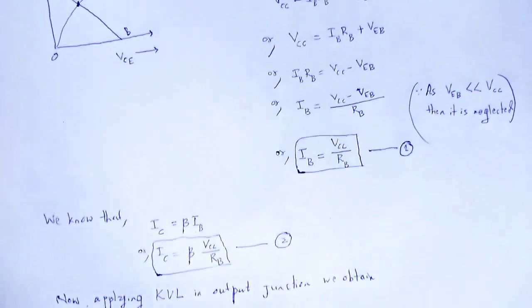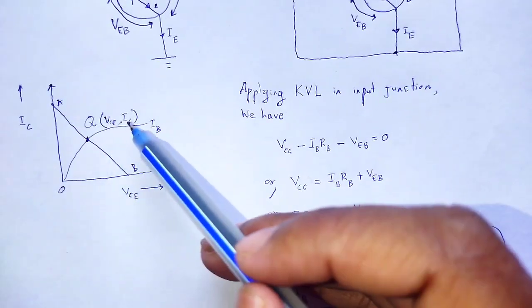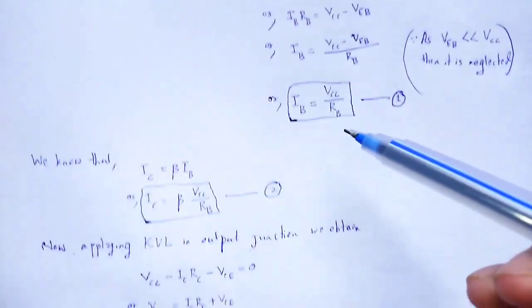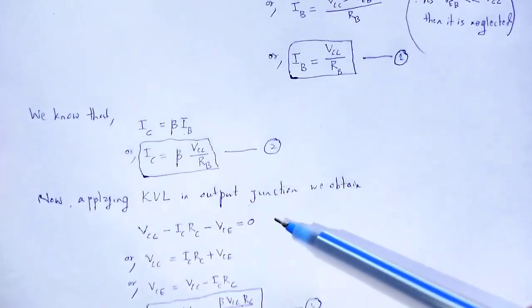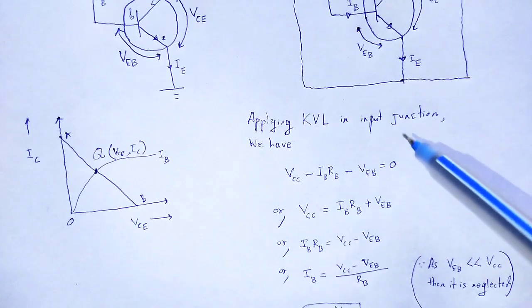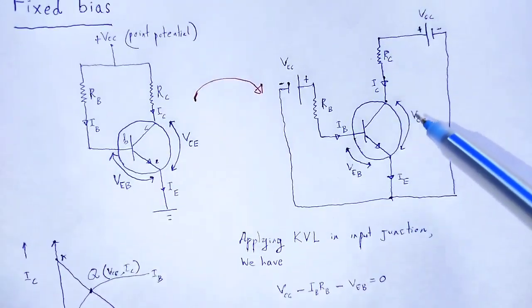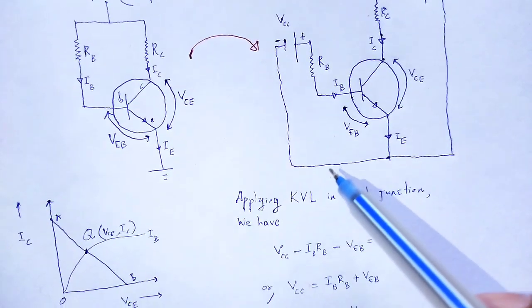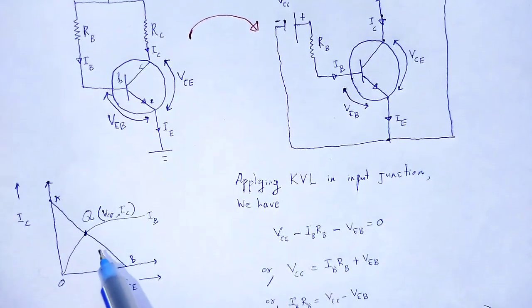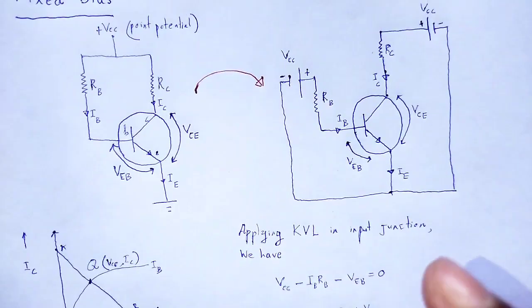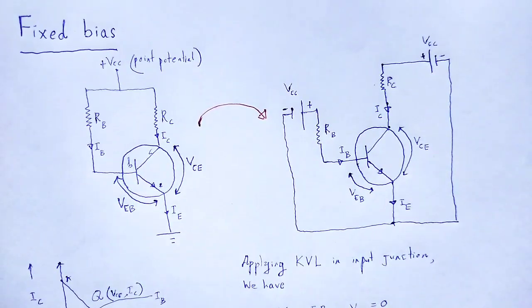In this way, the coordinates of Q, VCE, IC and IB, are fixed, and the transistor is properly biased by fixing the operating point Q. That method of biasing is known as fixed bias.